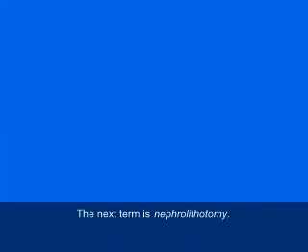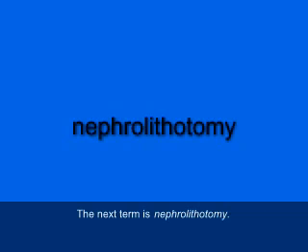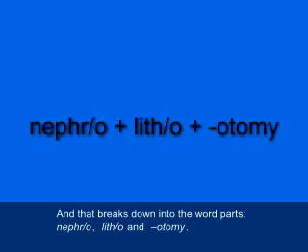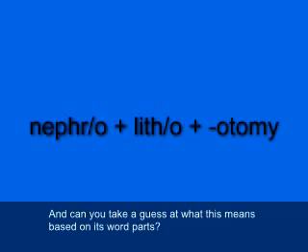The next term is nephrolithotomy. That breaks down into the word parts nephro, litho, and otomy. Can you take a guess at what this means based on its word parts?